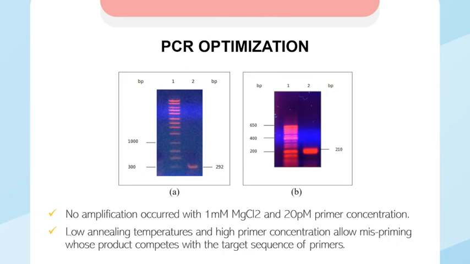Low annealing temperatures and high primer concentration allow mispriming, whose product competes with the target sequence of the primers. By adjusting parameters like magnesium ion concentration, annealing temperature, primer concentration, and template concentration, very sharp and intense bands of PCR amplification were obtained at their respective product sizes.